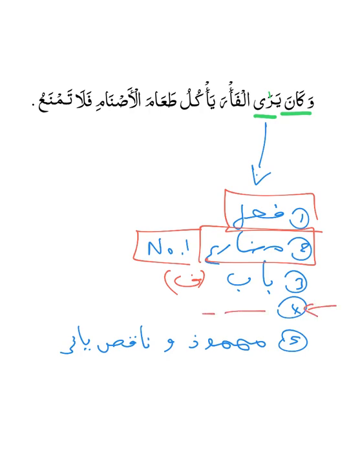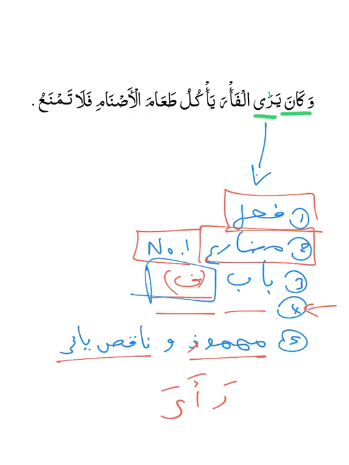So we must know the madi mudari' pattern: ra'a yara. And the haftul aqsam are mahmuz and naqis ya'i. Why is it mahmuz? Let's look at ra'a. It was actually ra'aya on the pattern of fataha, remember, from bab fataha yaftahu.